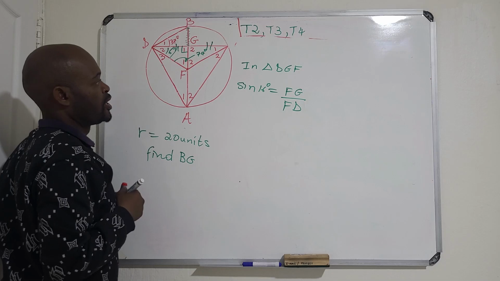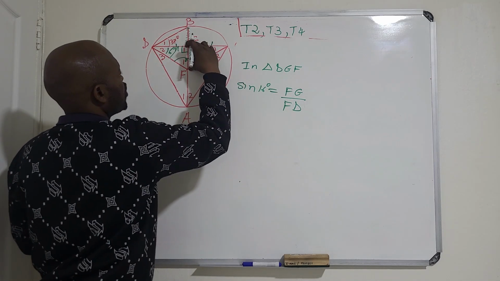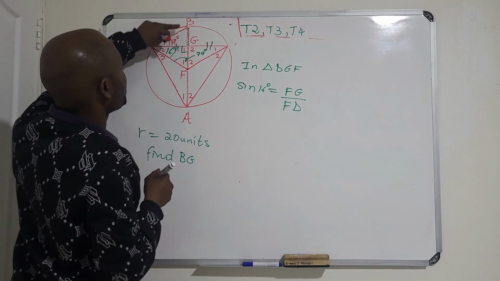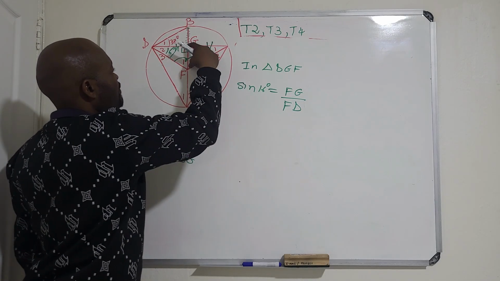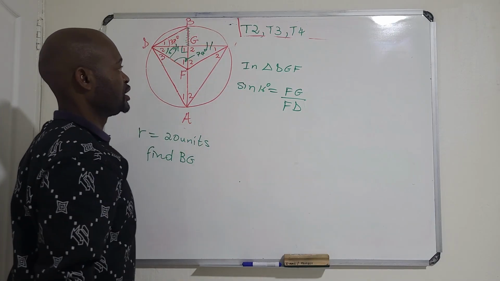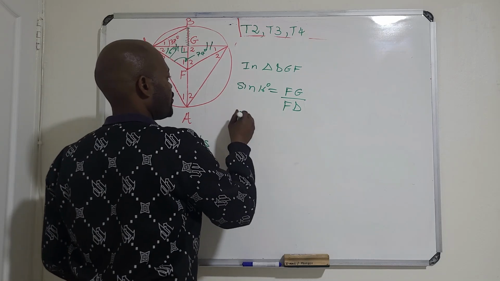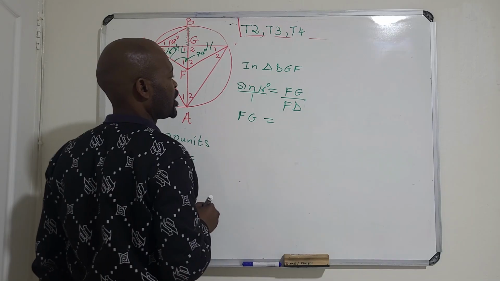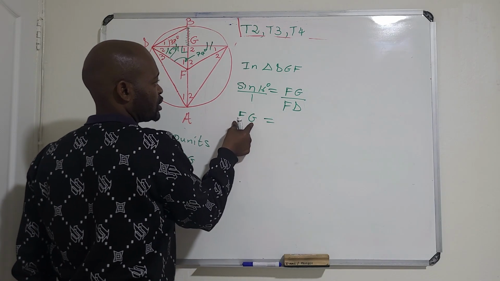Now, we can find FG because that's what we are looking for. In actual fact, we are looking for BG. But it will help if we start by finding FG. Then we can find BG. FG is over 1. I can cross multiply. This multiplied by this, I get FG.